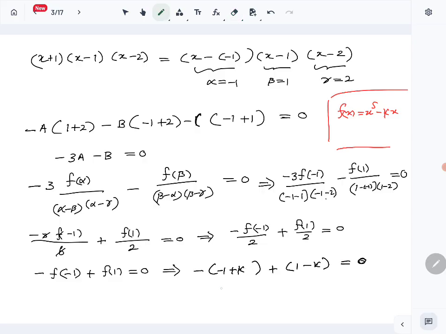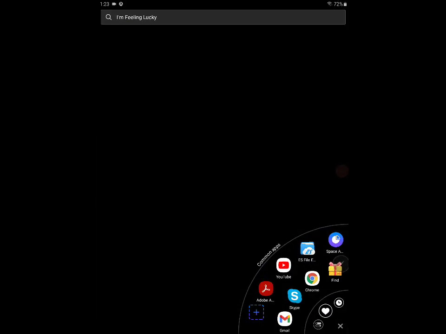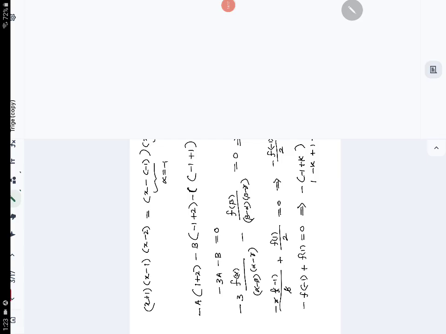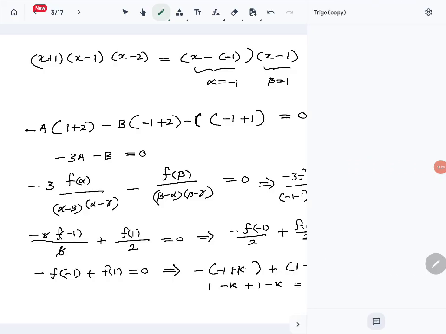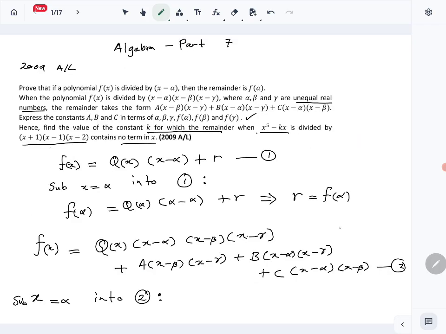Now simplify. 1 minus k plus 1 minus k, okay. So then, right, we have the k value now. You have 2k equals 2, or k equals 1. Right. So that's the final part of the 2009 A level question. Right. So we are done with that one.